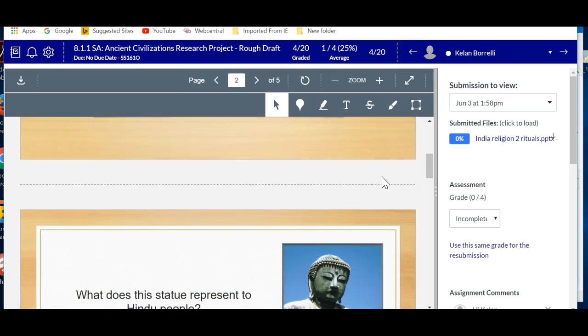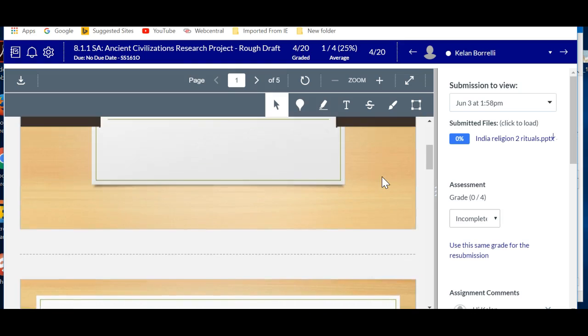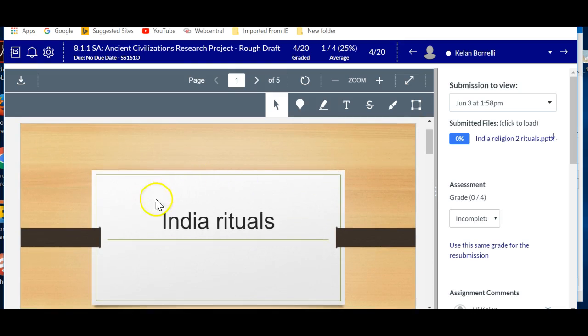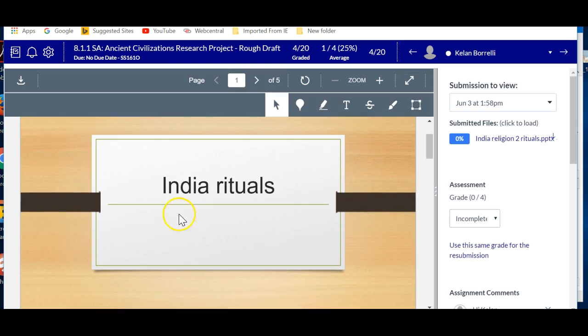After going over all of the slides, I think we should change the title of your slideshow to Hindu rituals. Instead of saying India, we want to say Hindu, because that is your focus for the rest of the slides. In India there are several religions followed, so these are not rituals only seen in India, but specifically Hindu rituals.